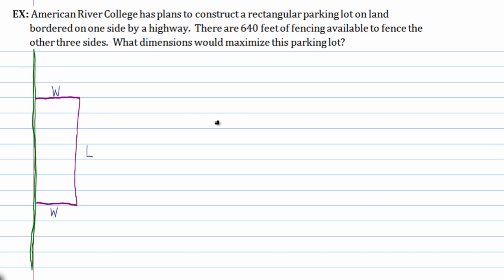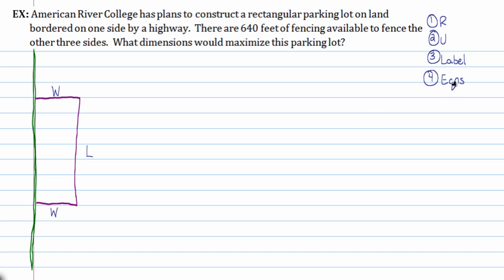At this point we've read, we understand. The next thing we need to do is label our unknowns, and we've actually done that. W is the width, L is the length. And now the fourth thing you need to do is write equations.